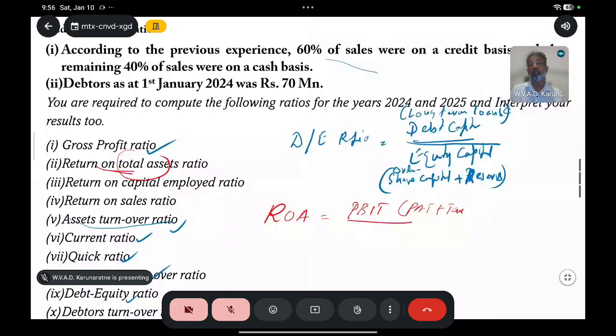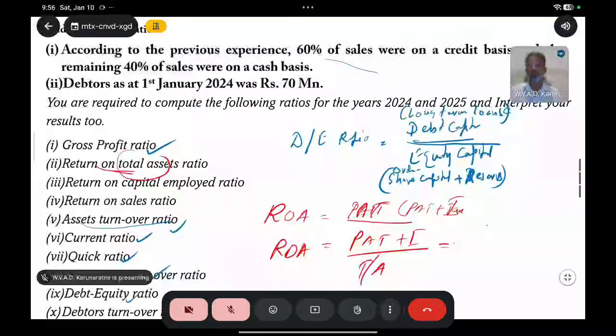If you want to take profit after tax plus interest over total asset, right? So profit after tax you can obtain from this statement.